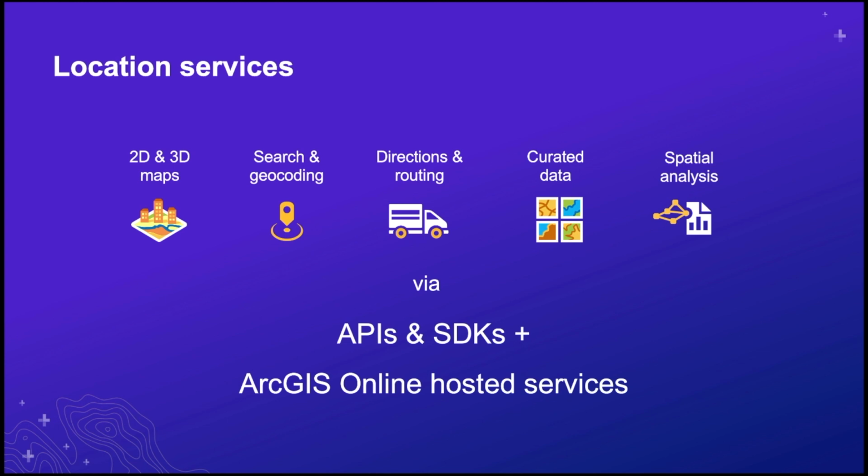There's a bunch of curated data that is made available to you as a developer as a service. And then against that data and the data that you maintain, there are also interactive spatial analytics capabilities.